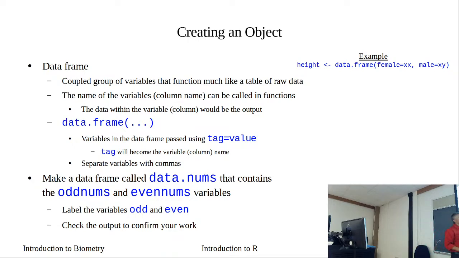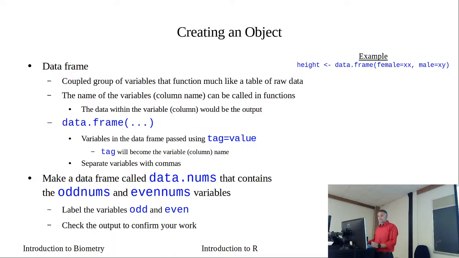Now, with the data.frame, I have the ellipses here to specify that we have to tell it what to include in the data frame. And this is essentially a list of the vectors. We could give it the list of the vectors, in which case the name of the variable will be the name of that vector, or we can actually specify the name by using this tag equals value format. And again, you don't write tag equals value. What you're putting in is the name of the variable or the name of that column, how we want R to know that column, and then the value is the vector that we're putting in.